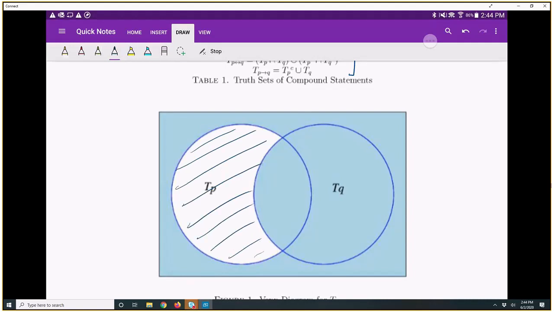The only way to have a tautology is if the truth set of P were inside Q.